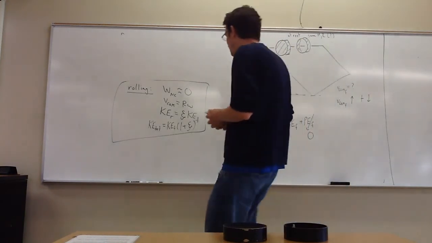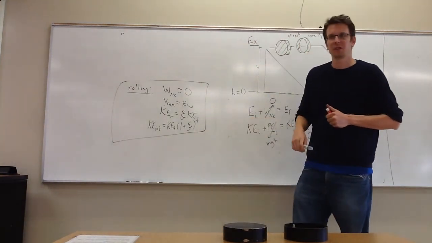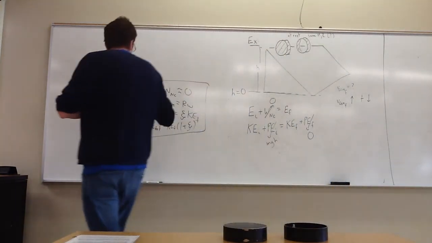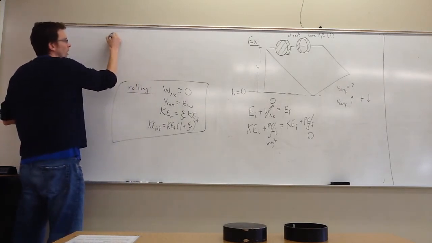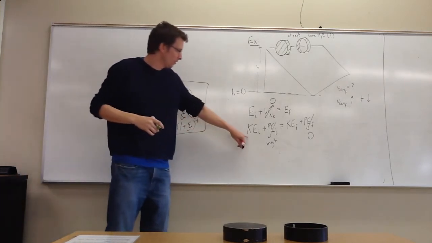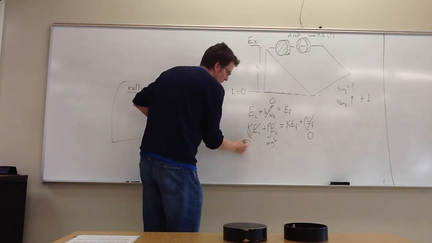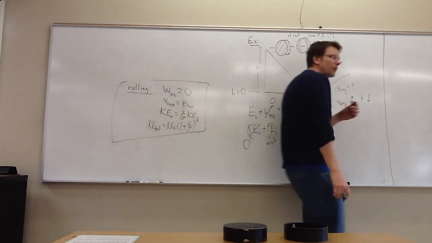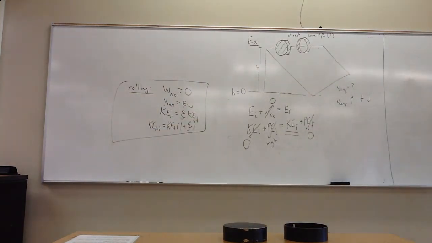So I go ahead and I put in my expression for total kinetic energy. Initially, they're of course stopped, so I don't have anything, but at the bottom, I'm going to have to acknowledge that the kinetic energy comes in two forms.